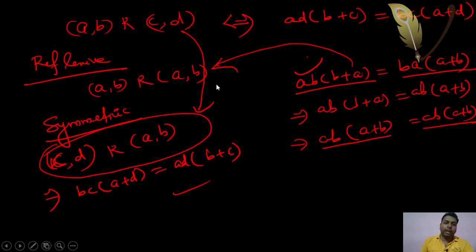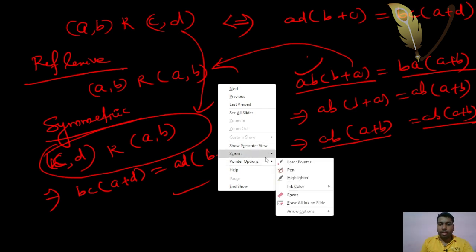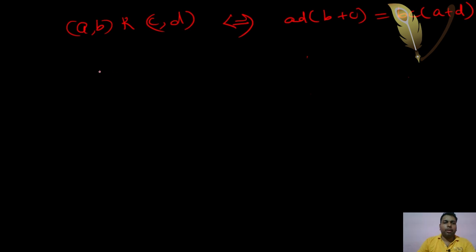Now transitive. You can verify here. Now (a, b) related with (c, d) and (c, d) related with (e, f).